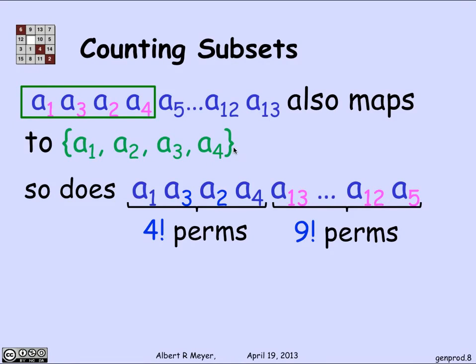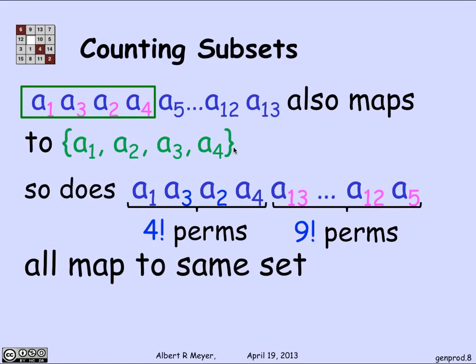And so what we figured out is that the mapping of these sequences, with the given 4 elements first in some order and the remaining 9 elements in some other order, is 4 factorial times 9 factorial to 1. There are 4 factorial times 9 factorial permutations that map to any given set of 4 elements.